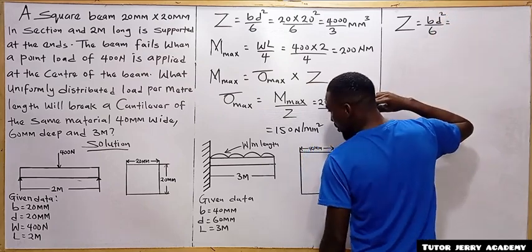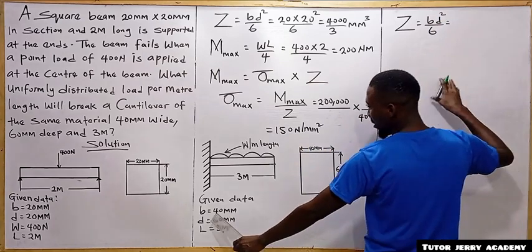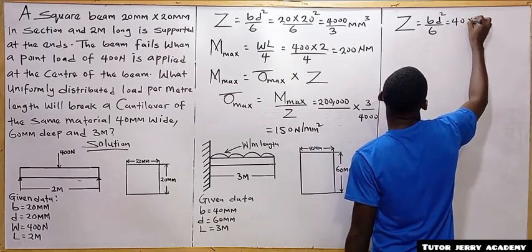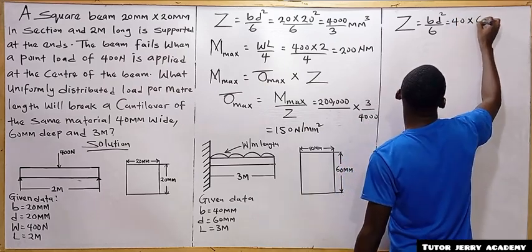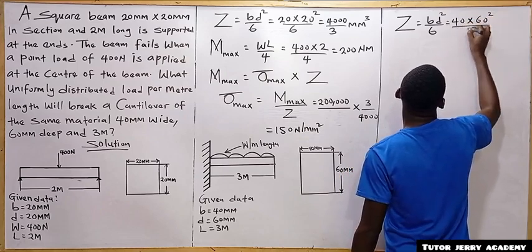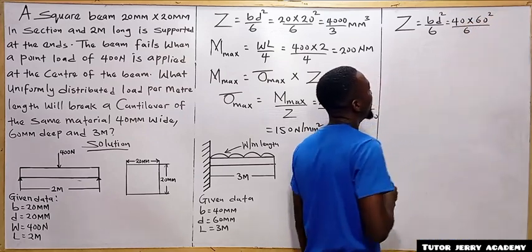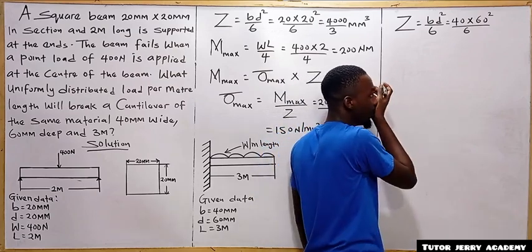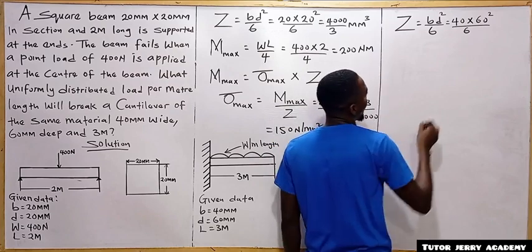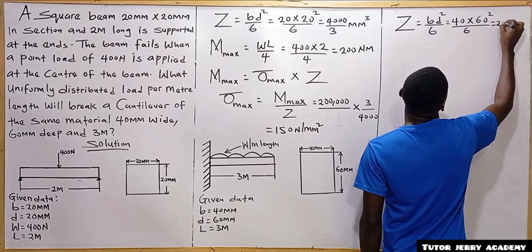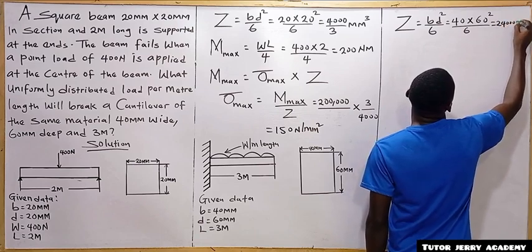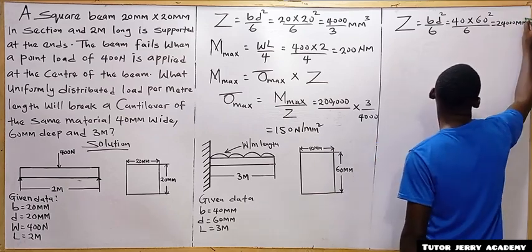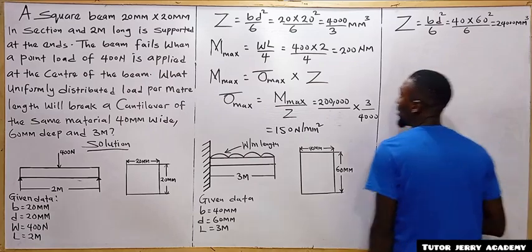So if we substitute here, we have b to be 40 multiplied by d is 60 squared divided by 6. So if you punch your calculator correctly, you are going to have this to be 24,000. Then your answer is going to be mm to the power of 3. All right, so that is it.